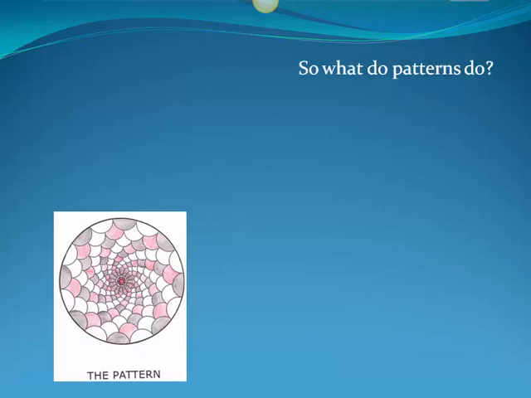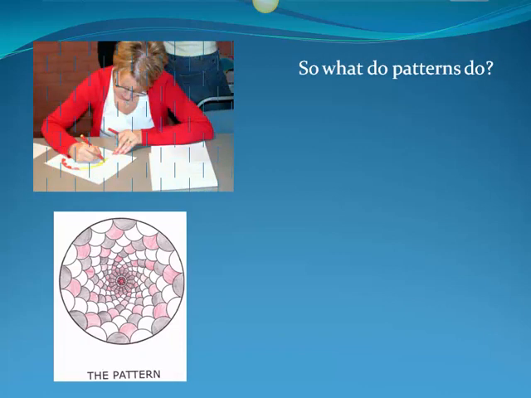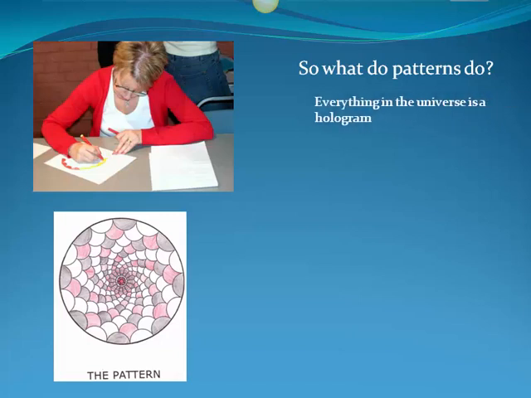So what do these patterns do? Well, when you did your own pattern, you understood to a certain extent, and I think you're probably surprised how accurate this is, how you go about things and how you learn. How does that relate to the cell? Everything in the universe is a hologram.